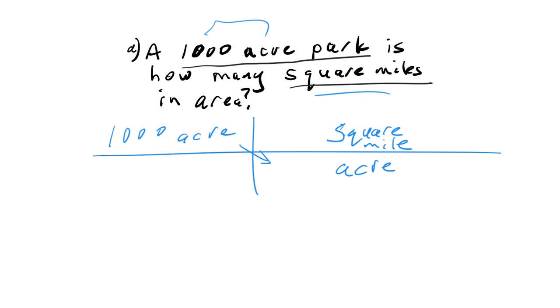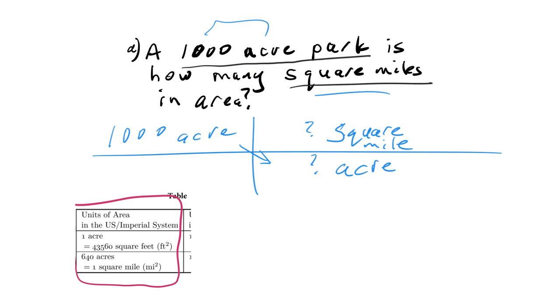Let's look at our table. Look back to the other page. Is there a table entry with square miles to acres? Okay, if you go 2 pages back, you'll find it right there. So my conversion factor would be what numbers go next to acre and what goes next to square mile.